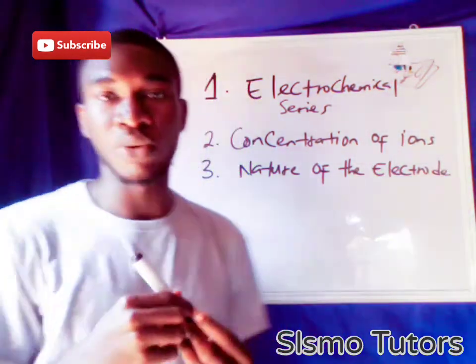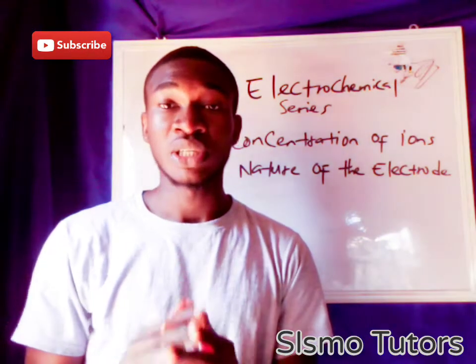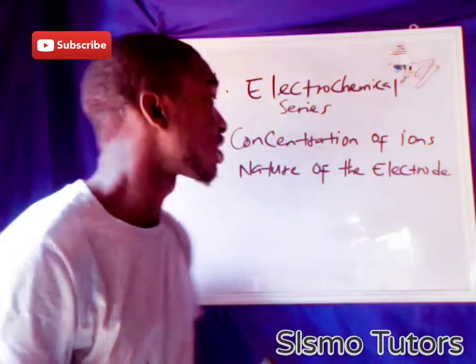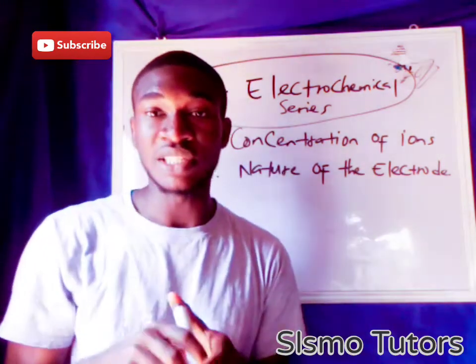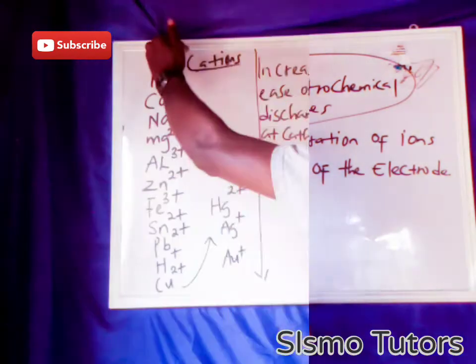So these are the three things that will determine the ions that will be discharged. Now, let's consider the electrochemical series, or the position of these ions in the electrochemical series.